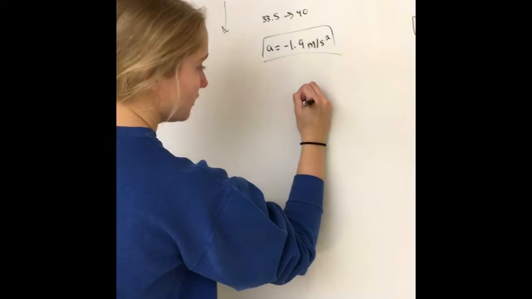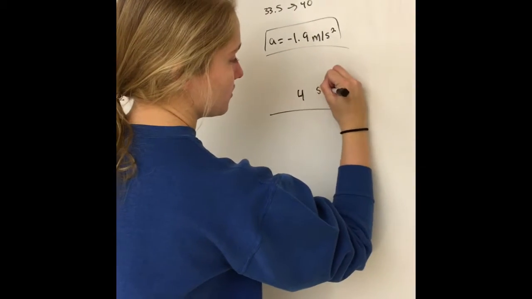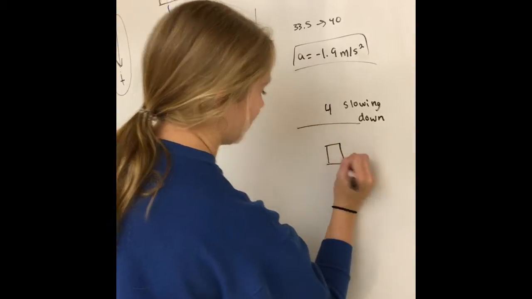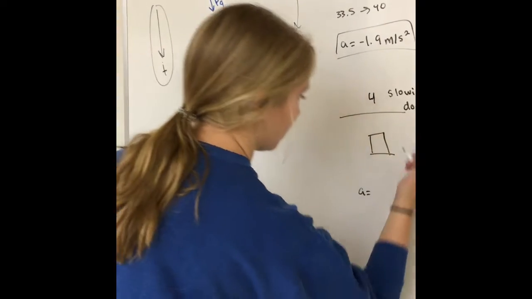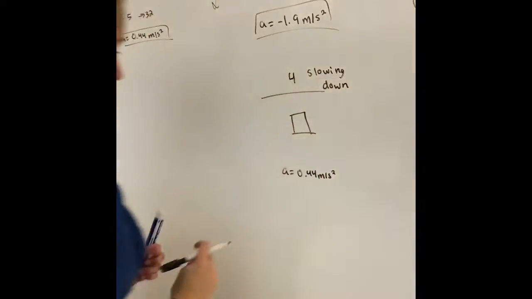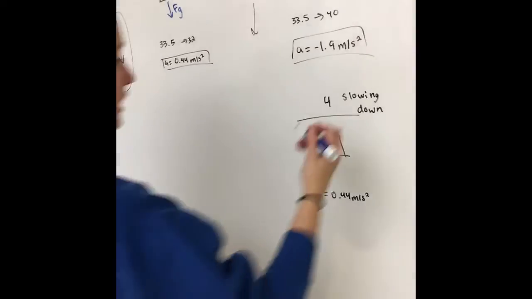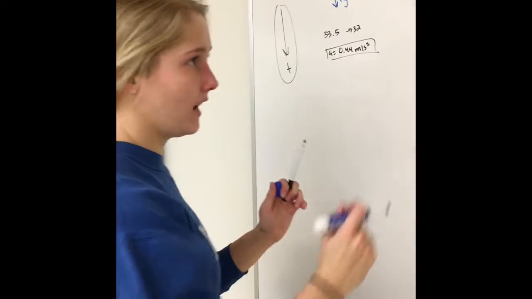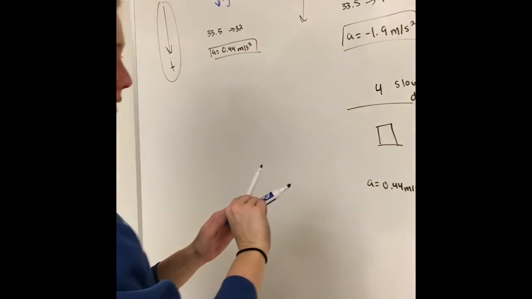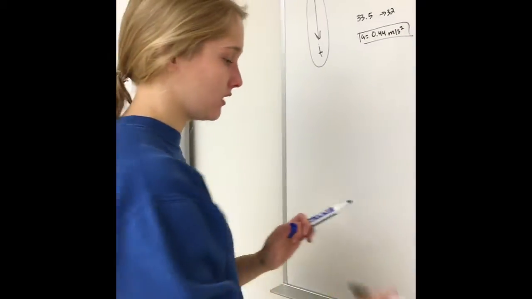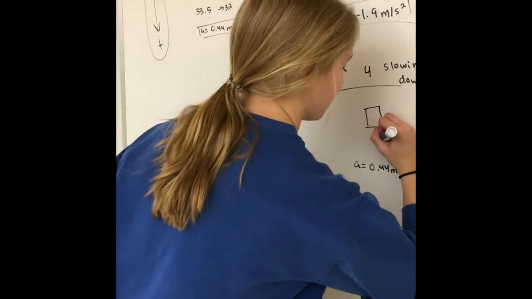And our fourth one, it was slowing down, and this one had the same components or the same acceleration. It is also working with gravity because it's slowing down, and since downwards is positive, it has to work in the same direction as the force of gravity.